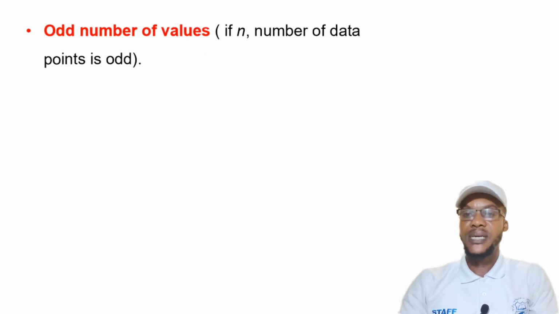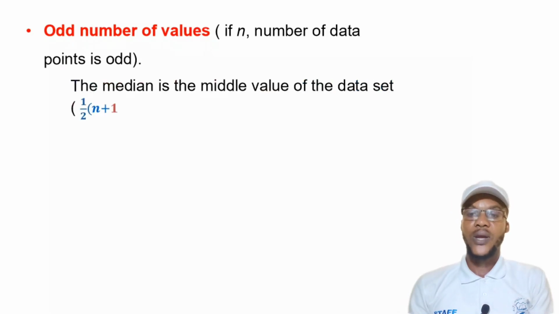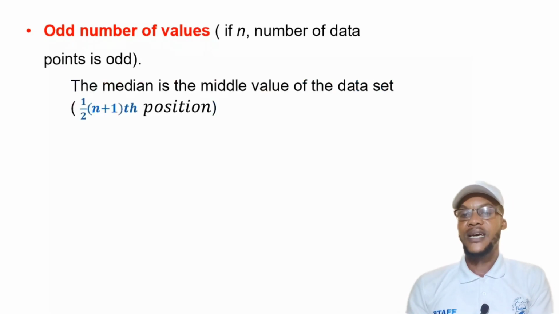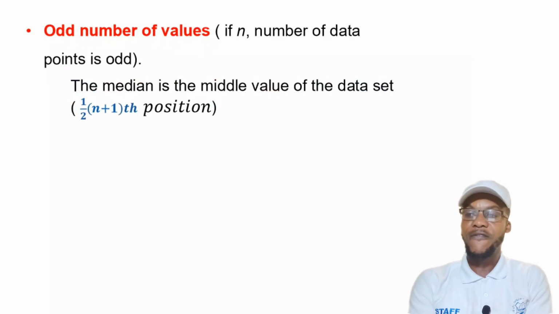It is just the middle number. Once you realize that it is an odd number, the one in the middle, with the same count on the left and the right side, becomes our answer. So we say that the median is the middle value, which you find at the (n plus 1)/2 position. You can also find the position. That is what we are talking about.